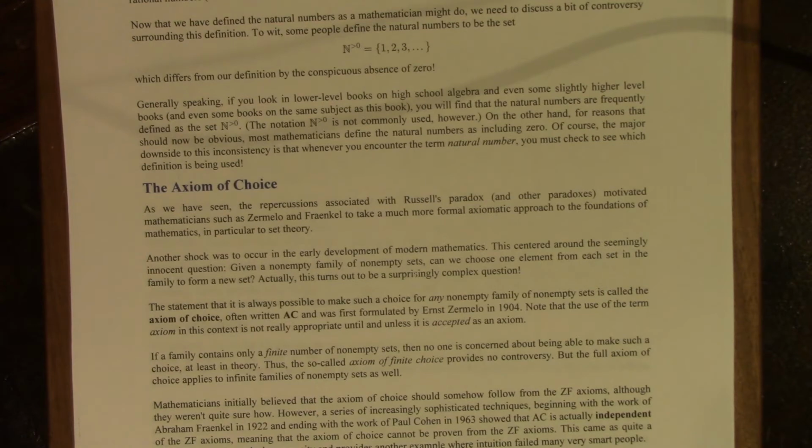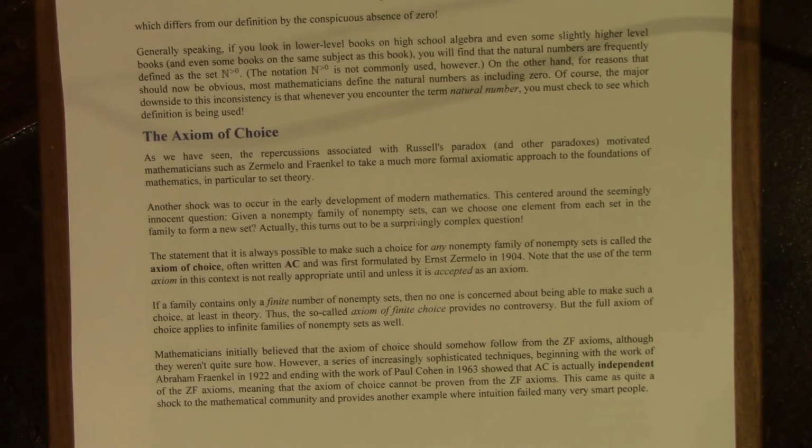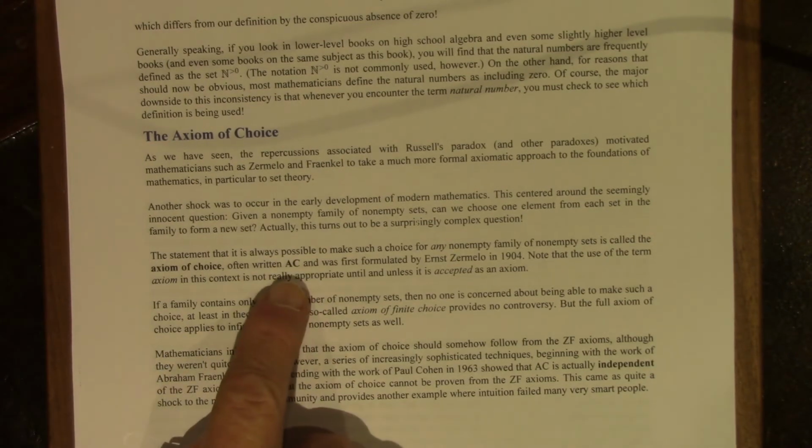All I care about is you get one element from each set. Well, this turns out to be a surprisingly complex question. The statement that it's always possible to make such a choice for any non-empty family of non-empty sets is called the Axiom of Choice, and it's often abbreviated AC.